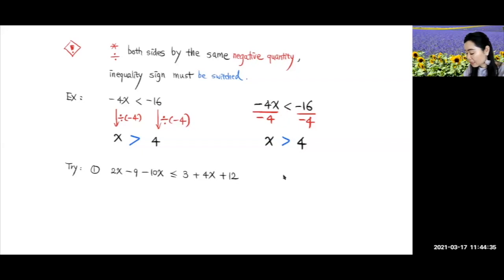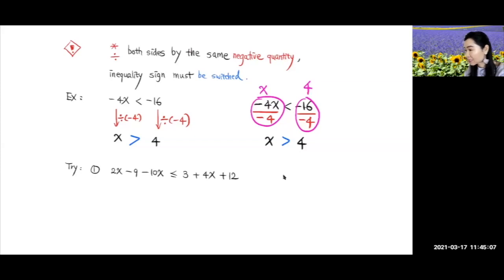Why? This is the action step. This is the step where you take the action. You divide both sides by negative 4. If you don't switch your inequality sign over here, then this side is equivalent to x, this side is equivalent to 4, and you're saying x is less than 4.